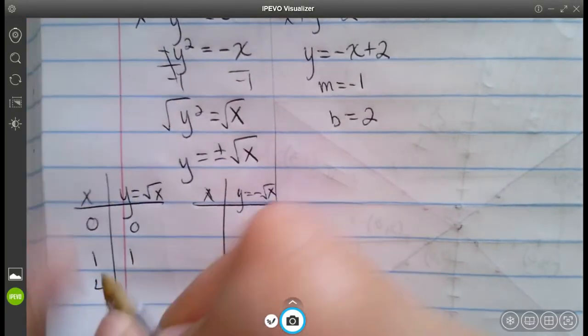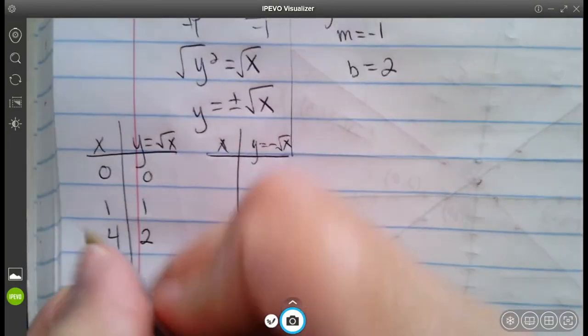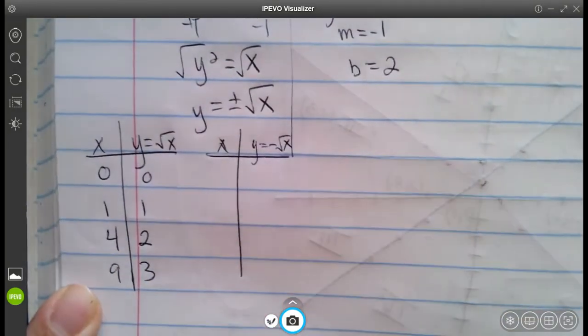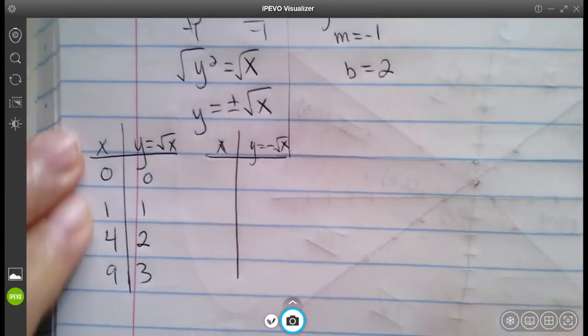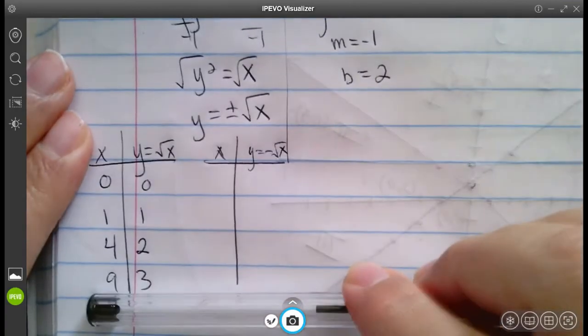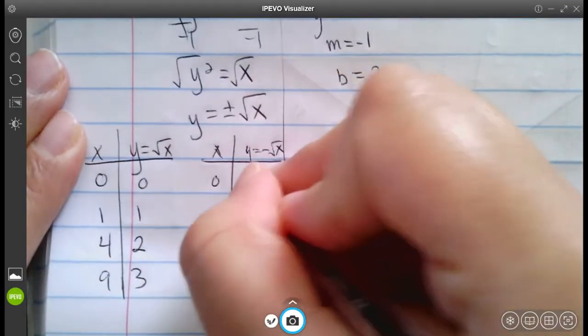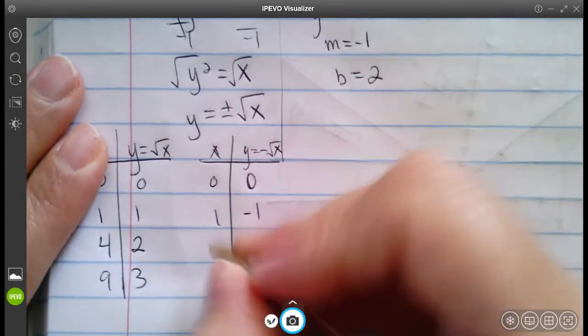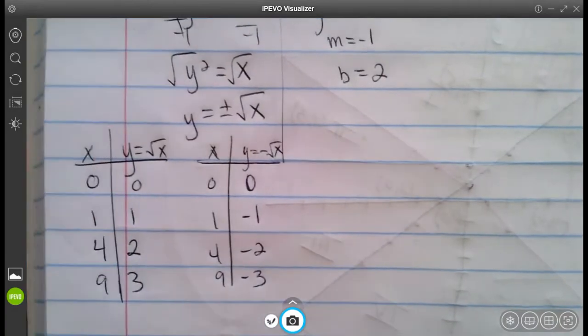I'm going to jump up to 4 because the square root of 4 is 2, and then the square root of 9 is 3. These are going to be basically the same, but since you have a negative in the front, basically the function just flips over the x-axis, so this would be 0, 0, 1, -1, 4, -2, 9, -3. Okay, there's just some points that we have for reference.